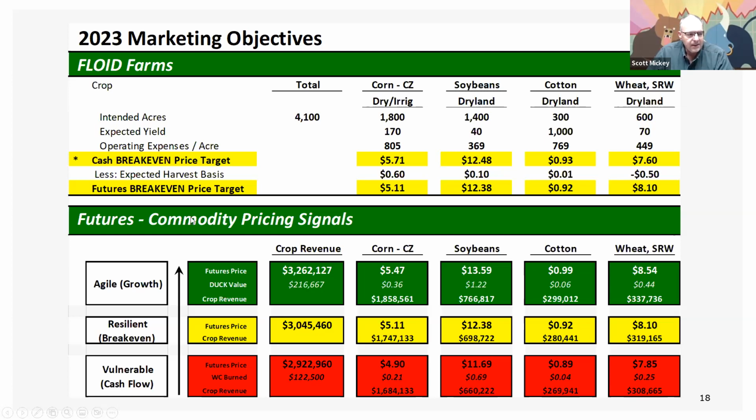To break even, they need a cash price of $5.71 a bushel for corn, $12.48 for soybeans, 93 cents for cotton, and $7.60 for wheat. But if we take away our expected basis, we're left with some futures prices that they can use day to day to see what the market's offering compared to what they need for their operation.